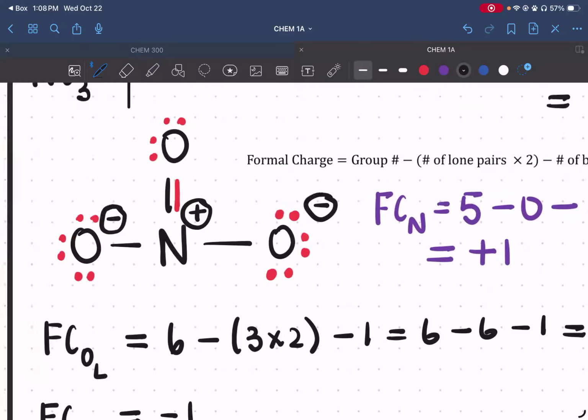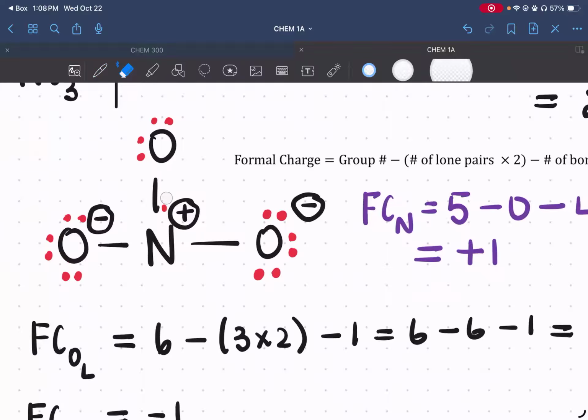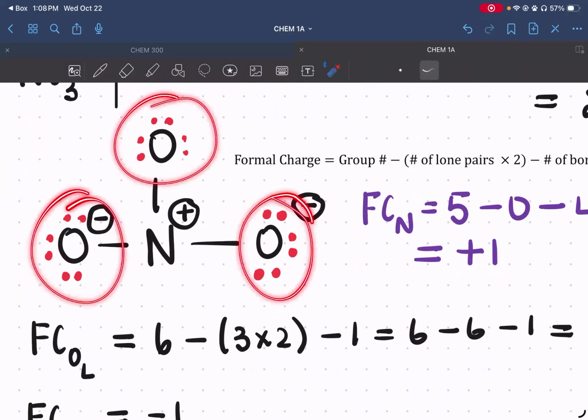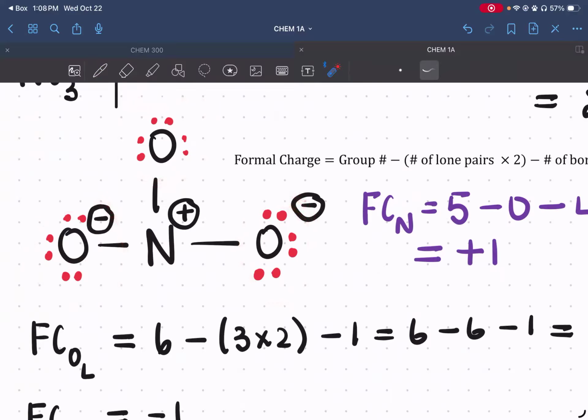So what we did here was there was a certain point, Prob, where we had this structure right here with the 2 dots, and we were checking happiness. Each of these oxygens are happy as written. This nitrogen only has 1, 2, 3, 4, 5, 6, not happy.